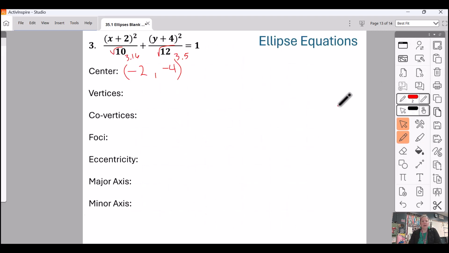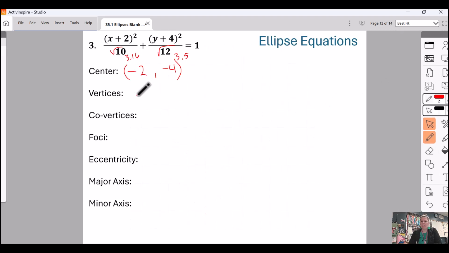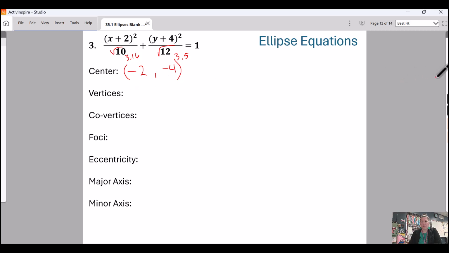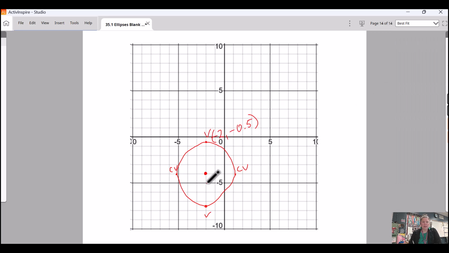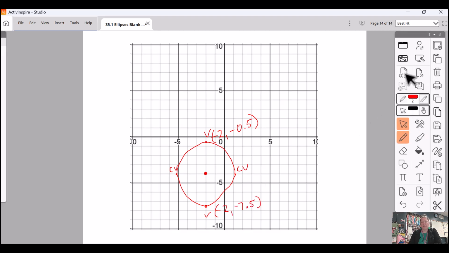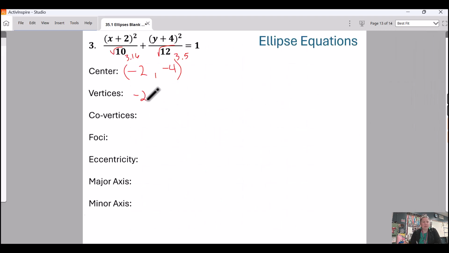And so when we look at our eccentricity, we can talk about that. So our vertices are going to be at -2, -0.5 and -2, -7.5, adding and subtracting 3.5 from the y value.